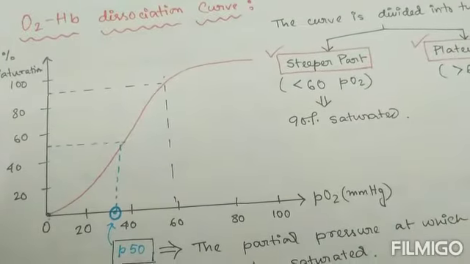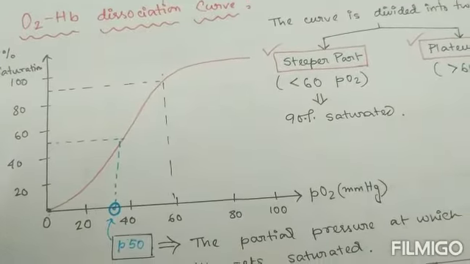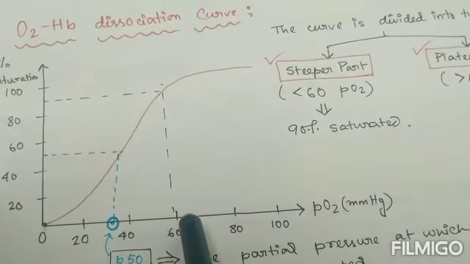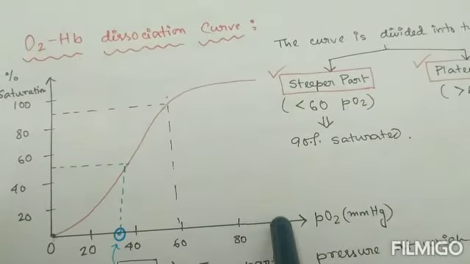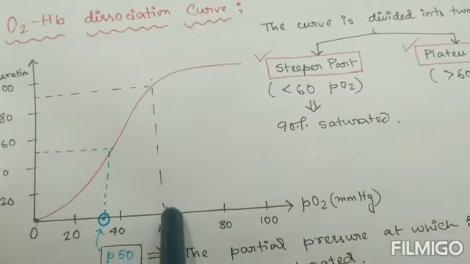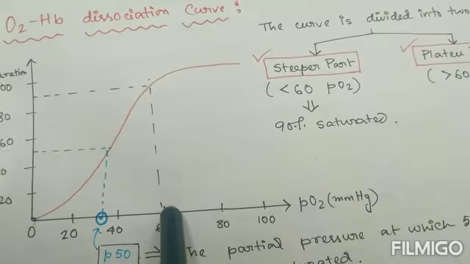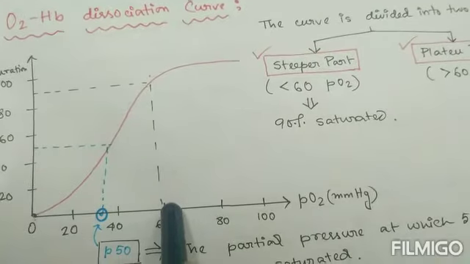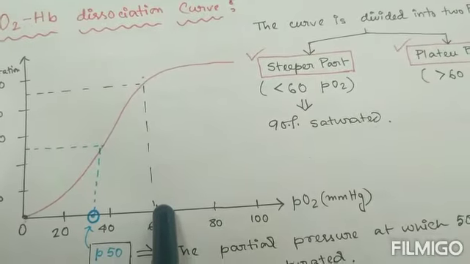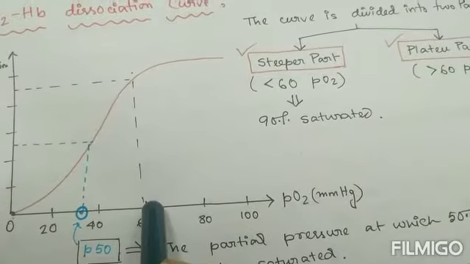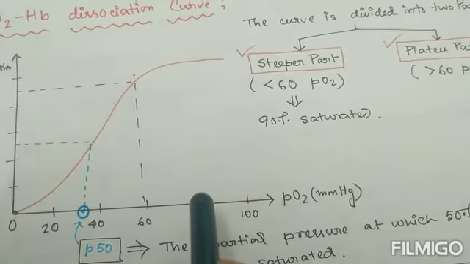One, oxygen supply to the tissue is more or less unaffected in this range, that is from 100 to 60, and it explains why hypoxia is absent in high altitude up to a particular range, almost 10,000 feet, and in the early stage of respiratory disease.